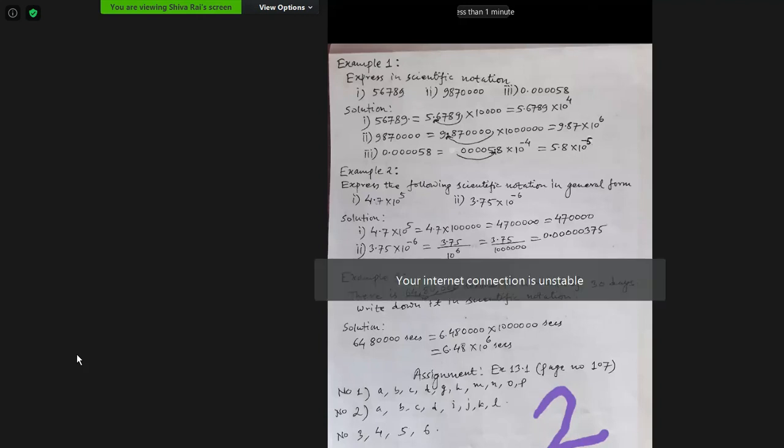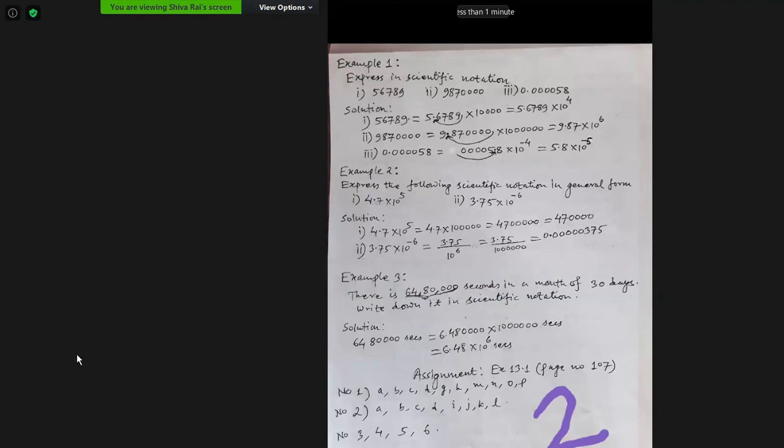If you multiply again by 10 lakh, you will get the same original number. We are only converting into another form. It should be neither more nor less. So you can write this is equal to 6.48 into 10 to the power 6 seconds. Like this we have to convert.